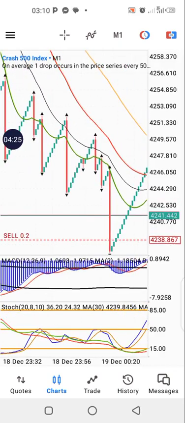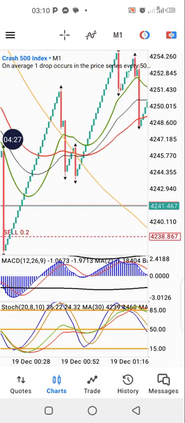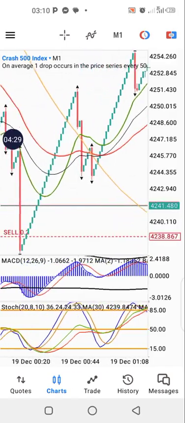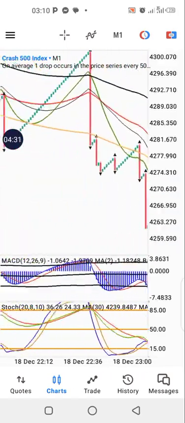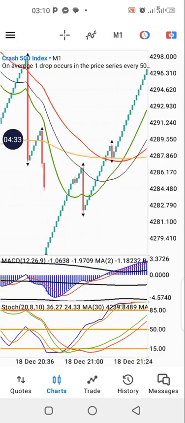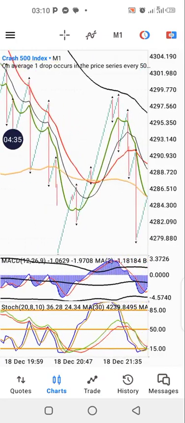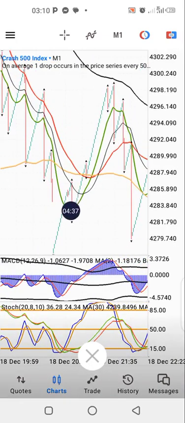You can also use this strategy to buy. How do you buy with it? Let's go to a place where the moving average has crossed over, like this point where you see the green moving average has crossed over. The red has gone this direction, the black one has gone this direction, the green one has gone upward. They have crossed.